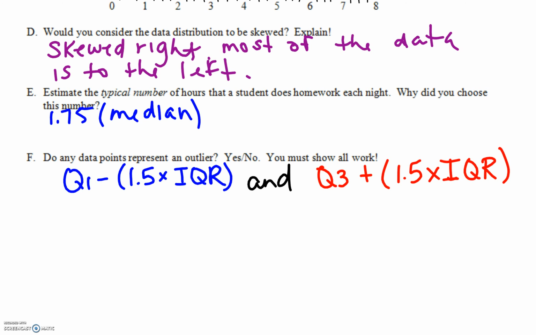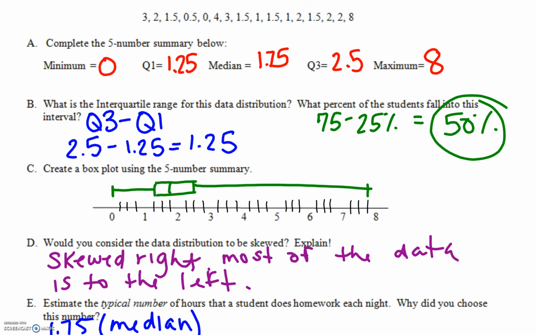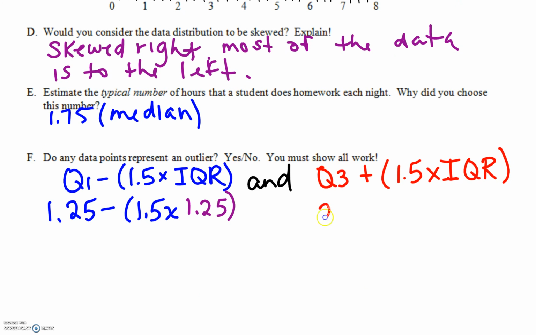So you're going to take your Q1 value, which we did state earlier was 1.25, and we're going to subtract 1.5 times the IQR, which we said was 1.25. Then we're going to take the Q3, which is 2.5, and we're going to add it to 1.5 times our IQR, our interquartile range, which is 1.25.